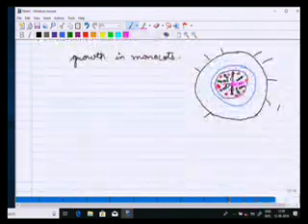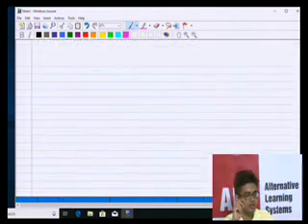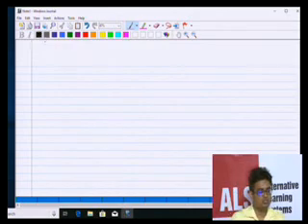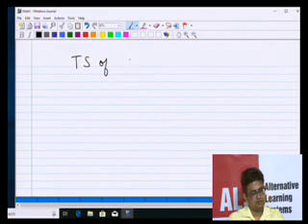Next, now let's put the heading: transverse section of dicot stem.